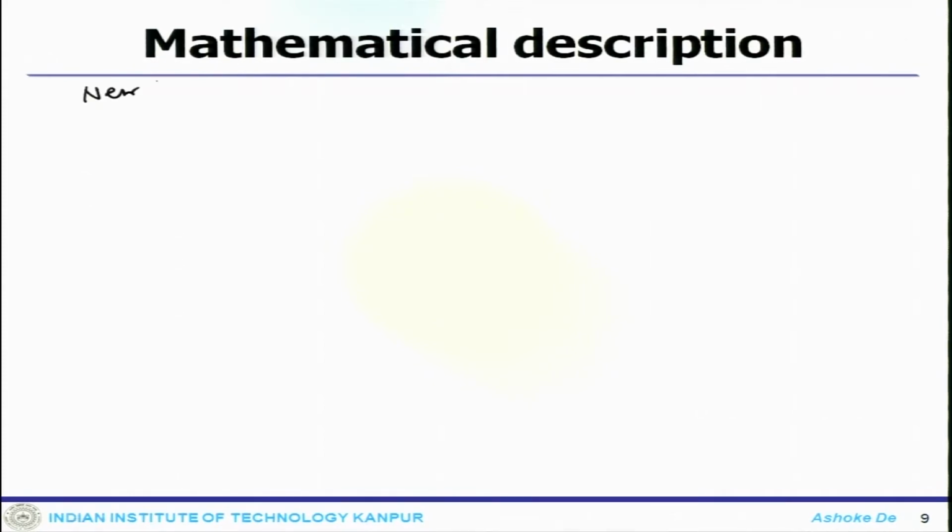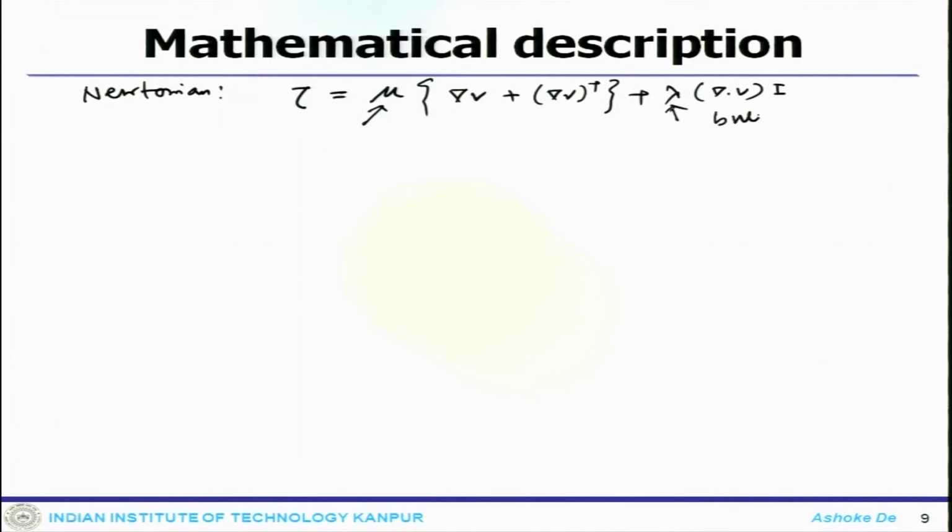For the Newtonian fluid, the relationship of τ is μ(∇V plus ∇V transpose) plus λ ∇·V I. Here μ is the molecular viscosity and λ is the bulk viscosity, and from the Stokes hypothesis we get λ equals minus 2/3 μ.